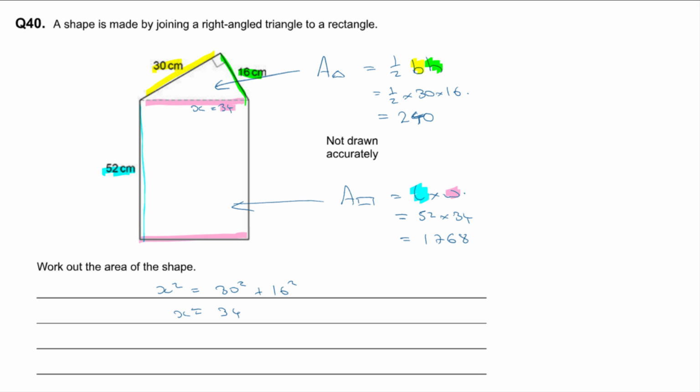Okay, and then therefore the entire area is going to be the area of the triangle plus the area of the rectangle, which is going to be 240 plus 1,768, and that comes to 2008. What are the units? Everything is in centimeters. This is area. It's going to be centimeters squared, isn't it? 2008 centimeters squared.